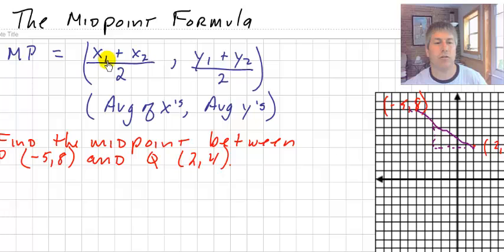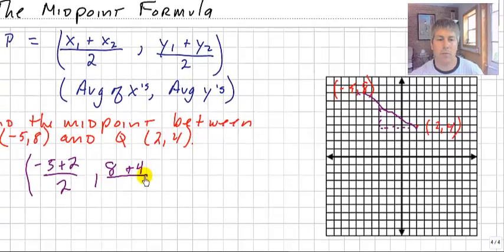So all I have to do is simply add up my 2 x coordinates. My x coordinates are negative 5 and 2. So to find that, negative 5 plus 2 over 2. It's the average of the x's. The average of the y coordinates. The y coordinates are 8 and 4. I want to add those up and divide by 2.